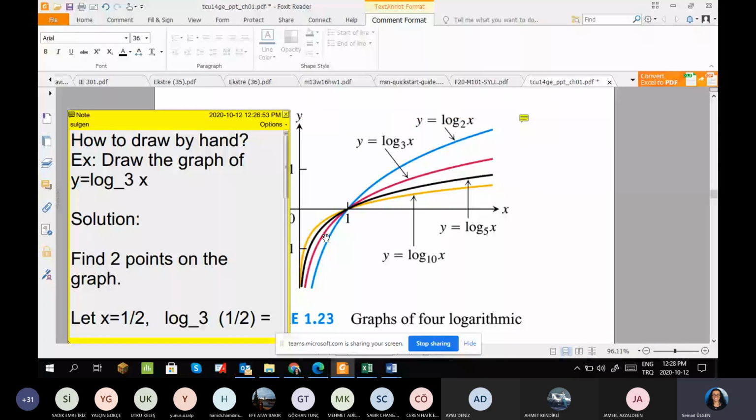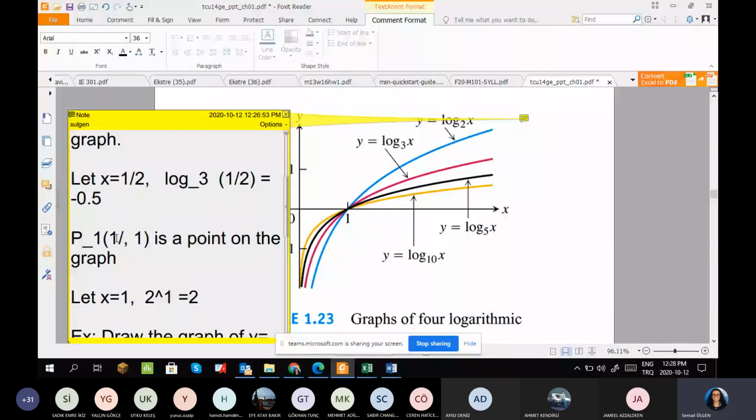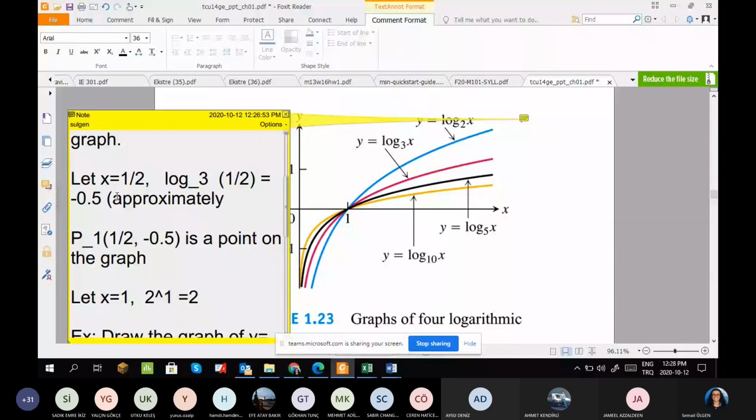I'm just guessing; you can find it by using a calculator. So for 1 over 2, I have this number, approximately negative 0.5. Let me write approximately, because it may not be exact. It's a point on the graph, and then I'm going to choose another one.